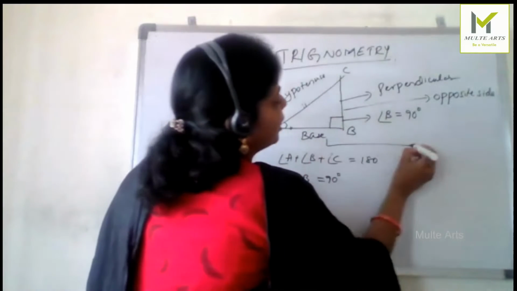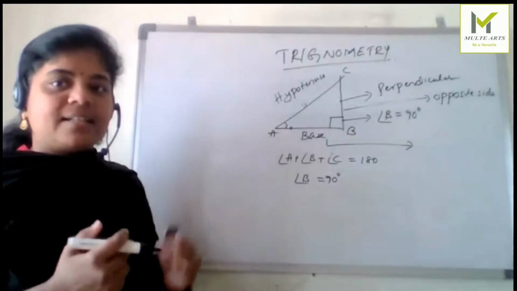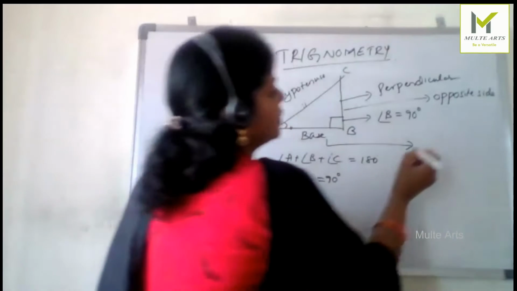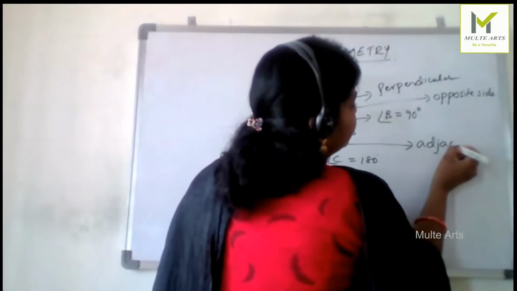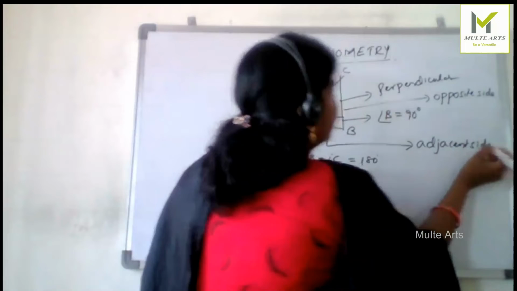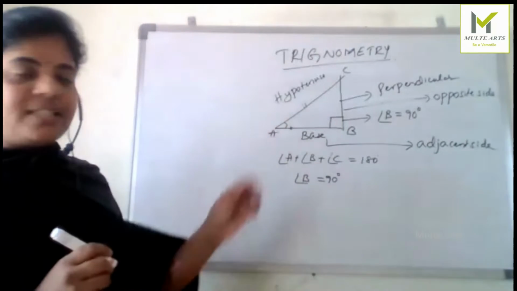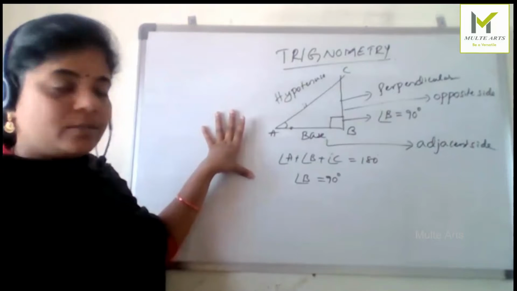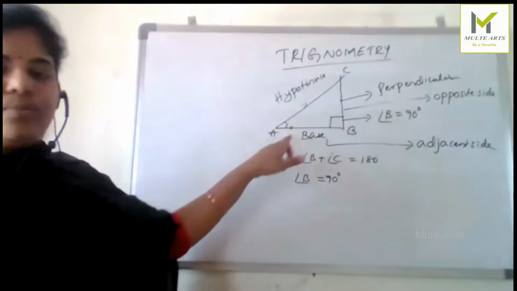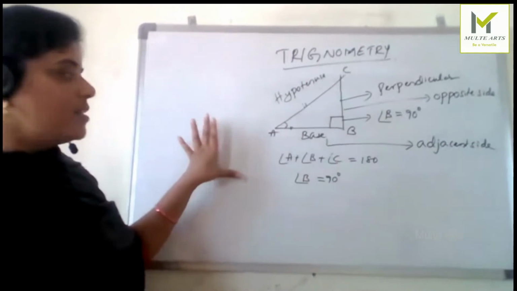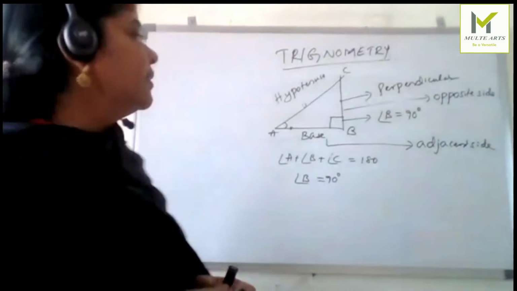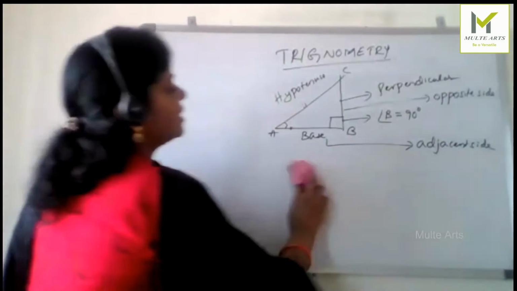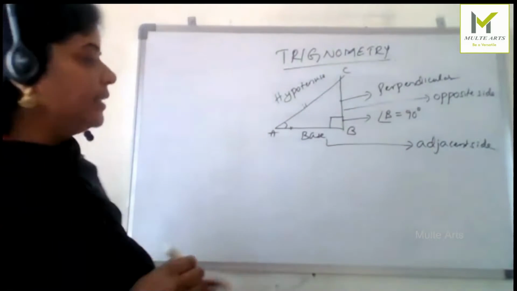So usually we'll be calling them opposite side, adjacent side, and hypotenuse. So AB is also known as the adjacent side. And the longest side, as I already noted, is the hypotenuse. Now I'm going to define the trigonometric ratios depending upon this opposite, adjacent, and hypotenuse, with respect to the acute angle A.